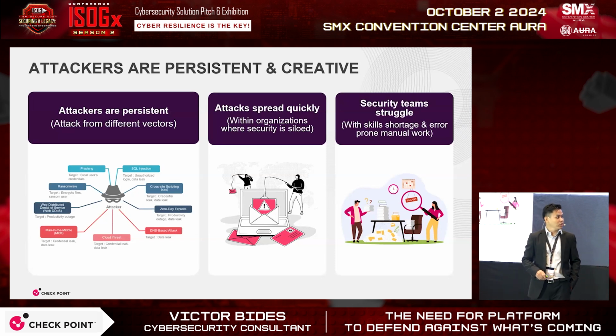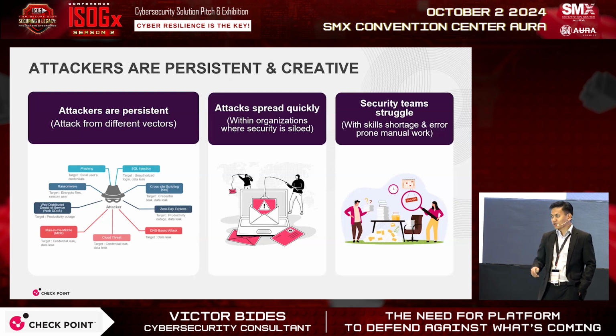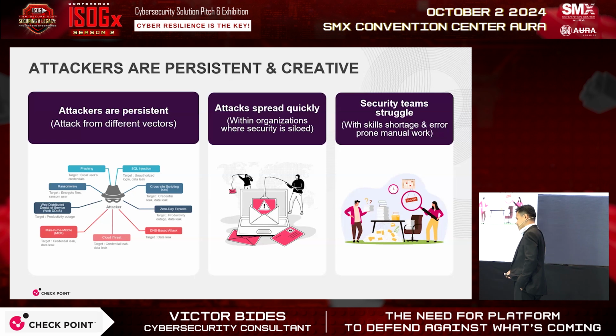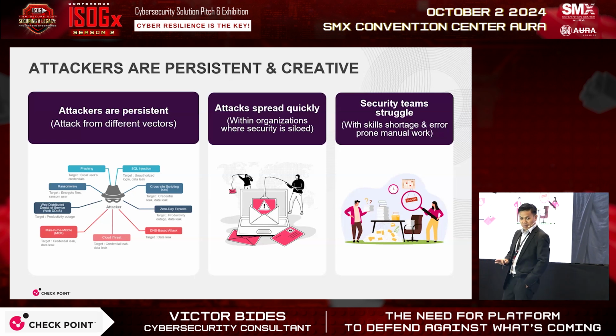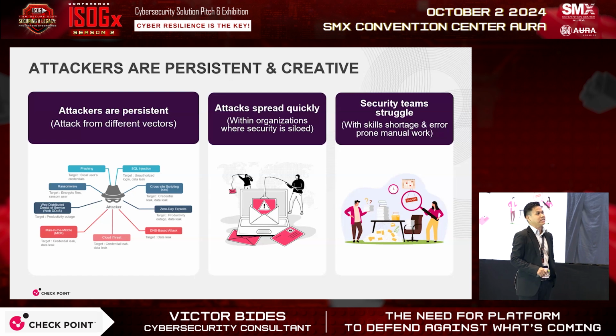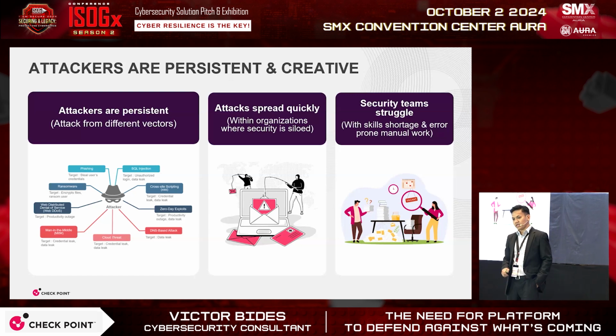So these tools are not basically working with each other. And coupled with the fact that there is a cybersecurity skill shortage, we have, if not all of us, some of us or most of us, a lean SOC team, skill shortage, and doing error-prone manual work, which basically just makes it a lot more complex.